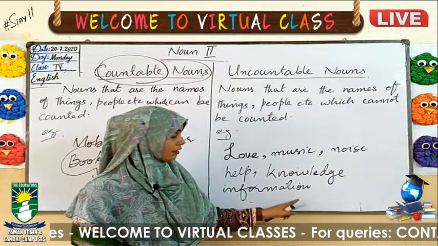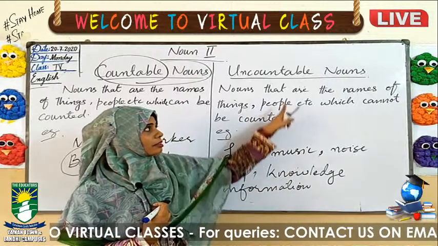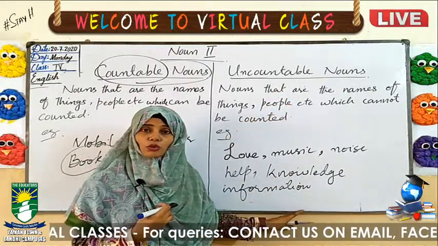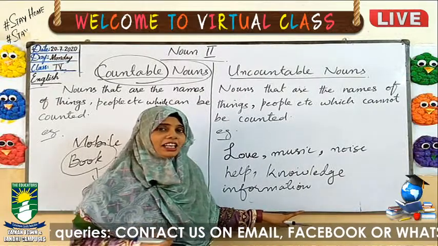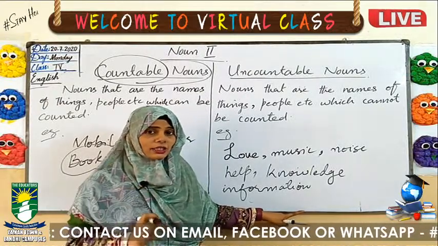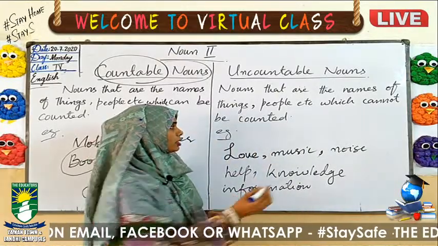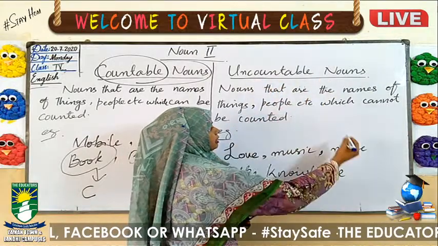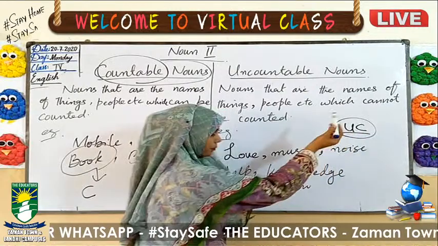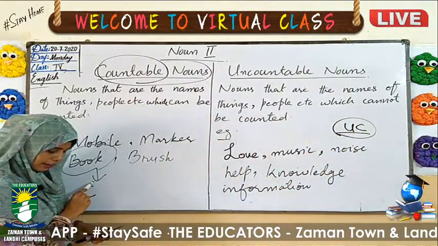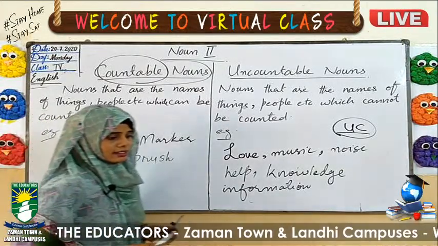Guys, I have written many words here in my example of uncountable nouns. And I have told you many examples about it. It's your turn to tell me about those things which are uncountable. We will mention the short form of uncountable noun, UC, uncountable. Okay? And here only C I have mentioned for countable. We will do the exercise.